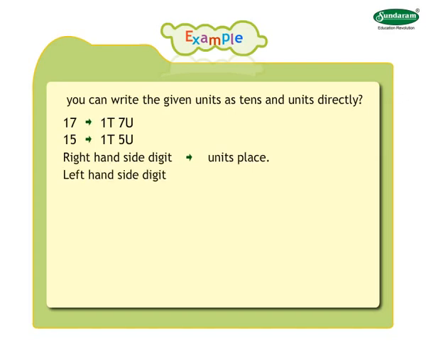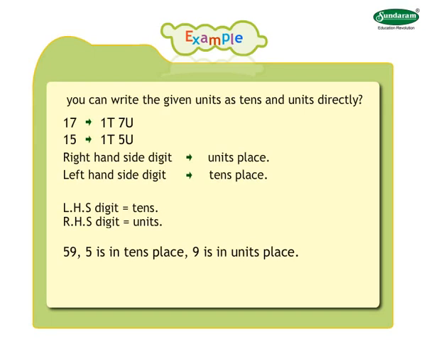The left of units place digit is tens place. Hence, given a two-digit number, we can directly write left-hand side digit as tens and right-hand side as units. For example, in 59 units, 5 is in tens place, 9 is in units place. Hence, 59 is equal to 5 tens, 9 units, and so on.